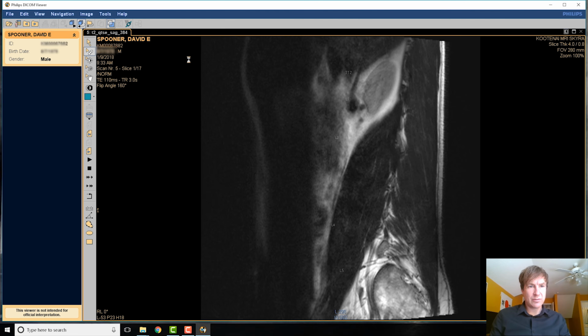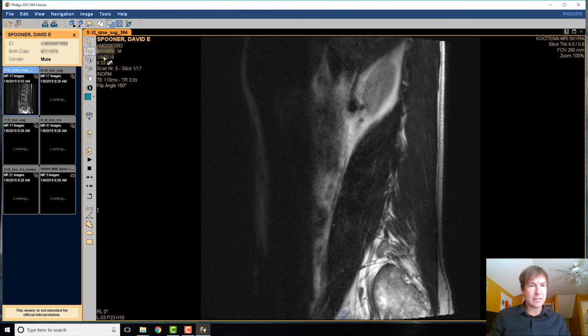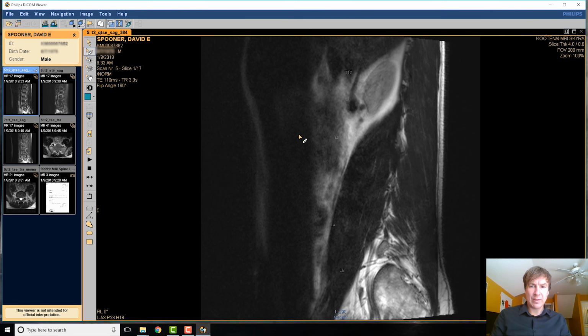This was done on January 9th, 2018, in Post Falls, Idaho, right before I moved to Georgia, where I'm at now. So this was 15 months after the stem cells were injected. Those last MRIs were done about 7 months after I had the stem cells injected.